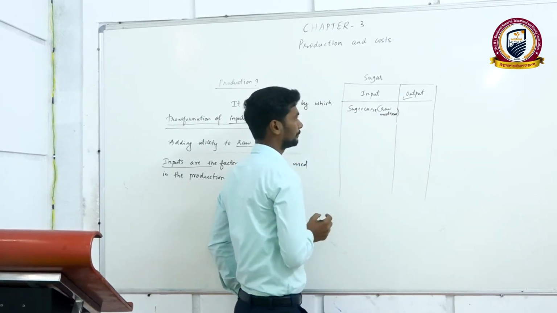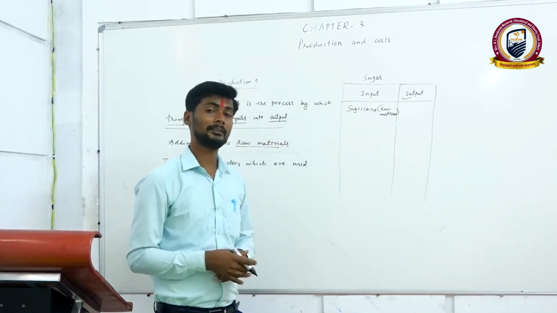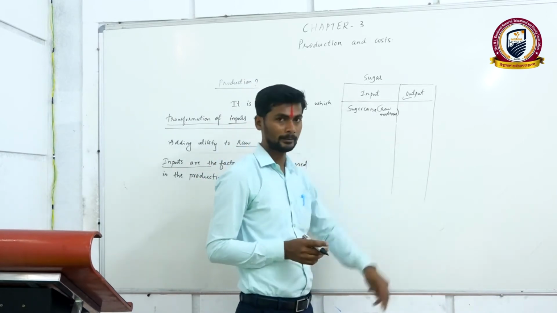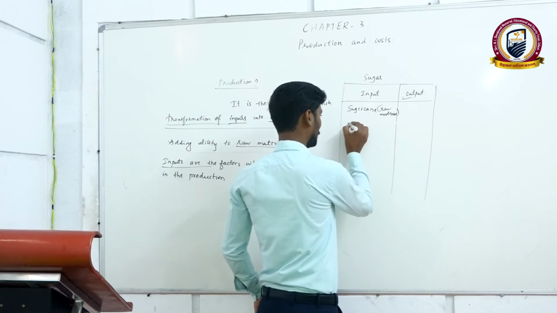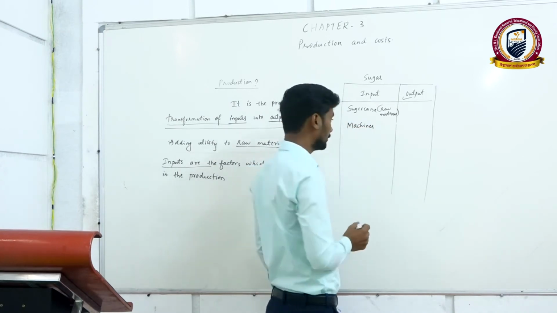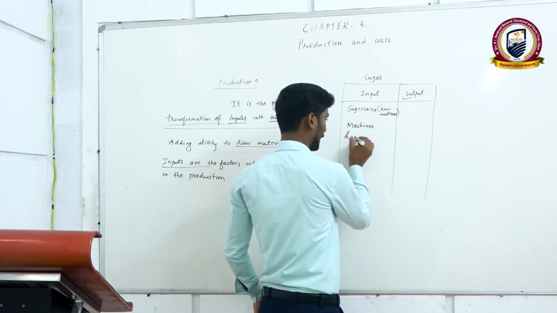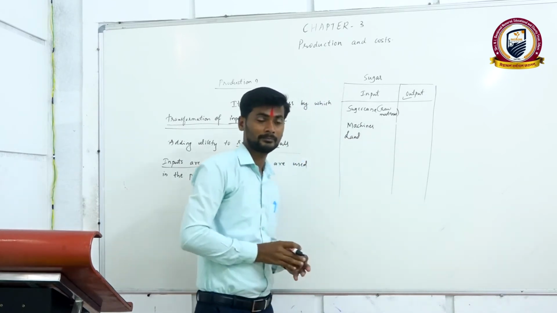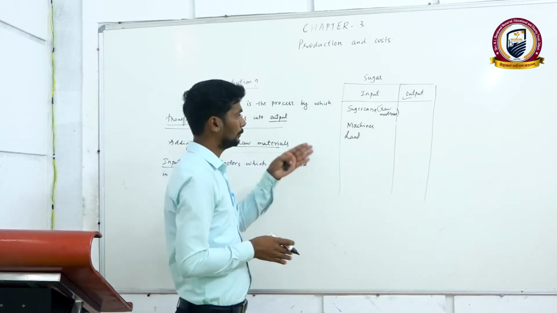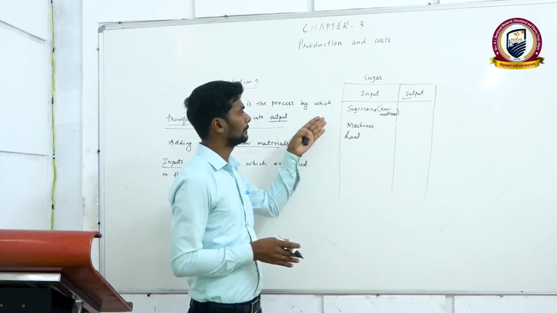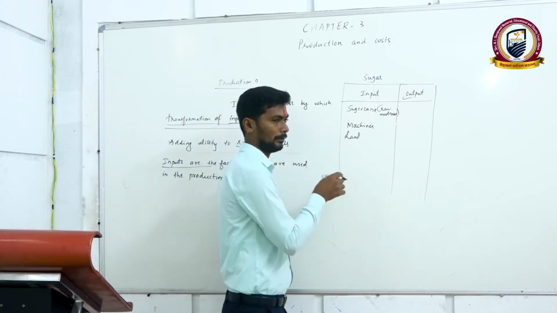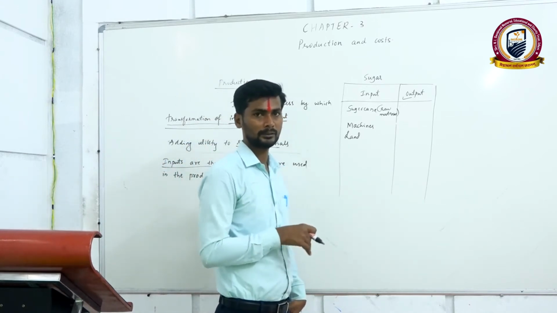Then what are the other factors apart from sugar cane or raw material required to produce output sugar? See, I require machines. Machines should be there. I need land. Without land, how can I produce goods? I require a particular amount of land to establish machines or the place required to place all the equipment to produce that particular sugar.